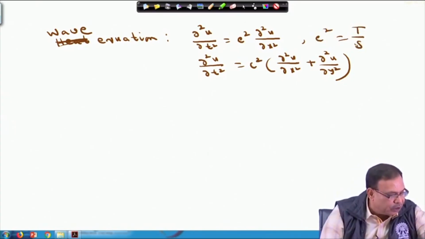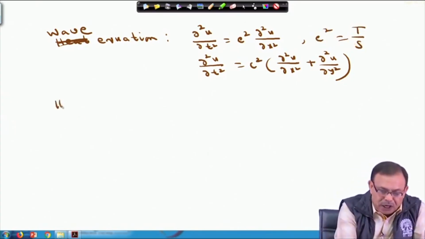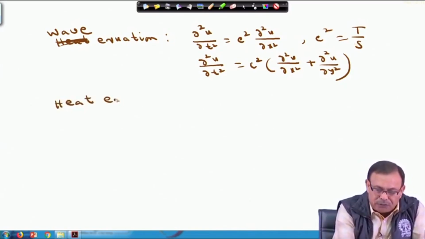Then your heat equation, I am just writing the heat equation.